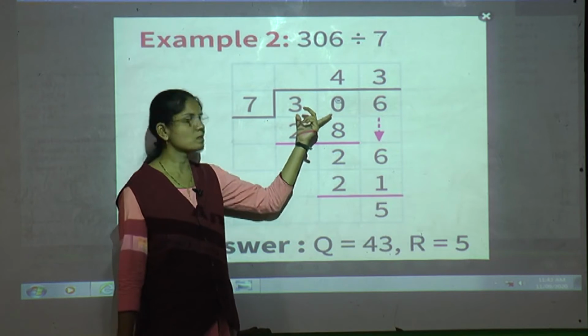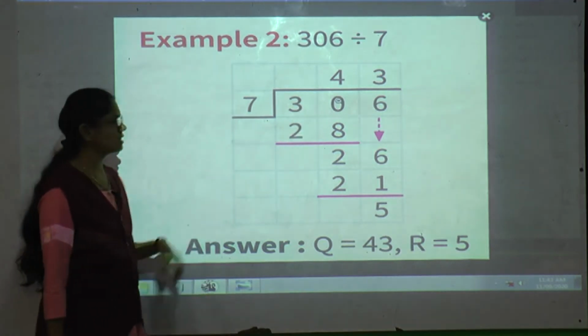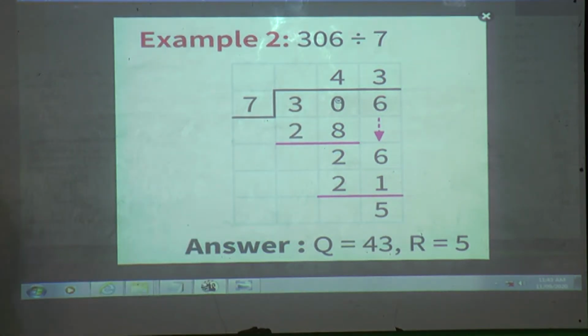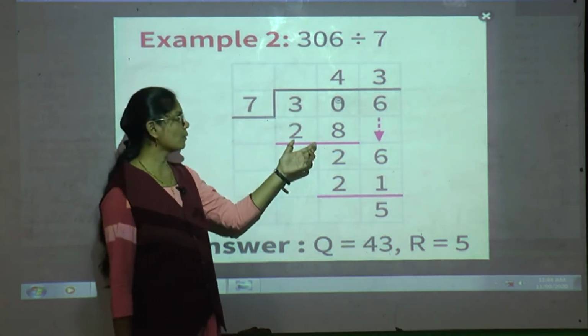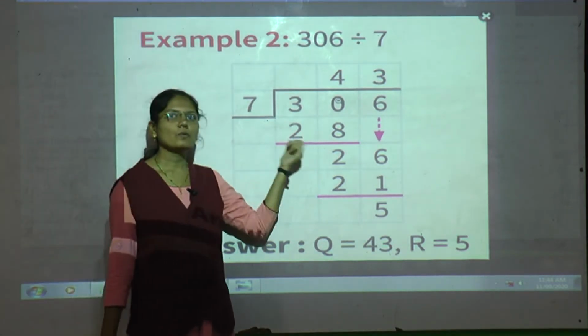Now you have to see in 30 how many 7's are there, or else you see the table of 7. Can you see the number 30 in the table of 7? No, 30 is not there. Then we will find out the smaller number than 30, that is 28.